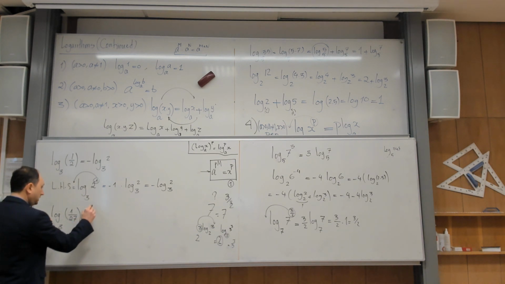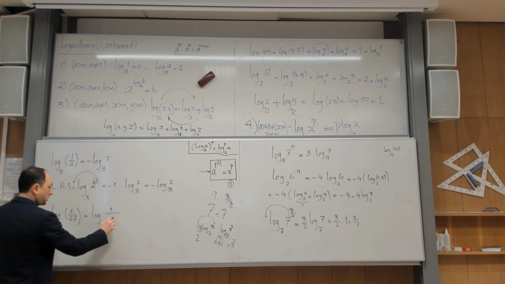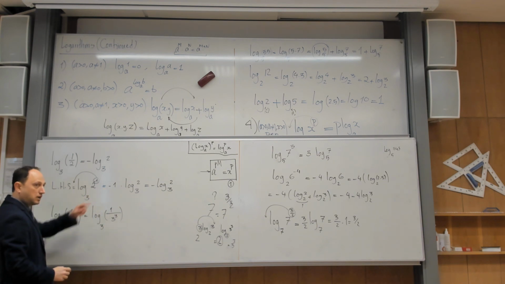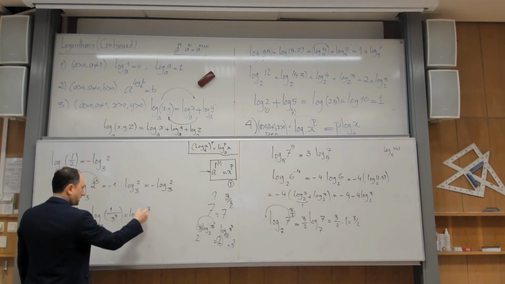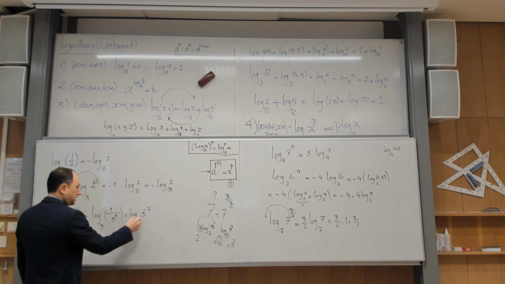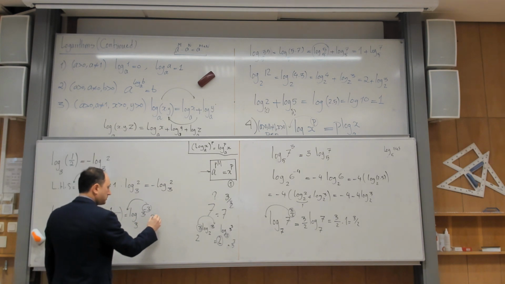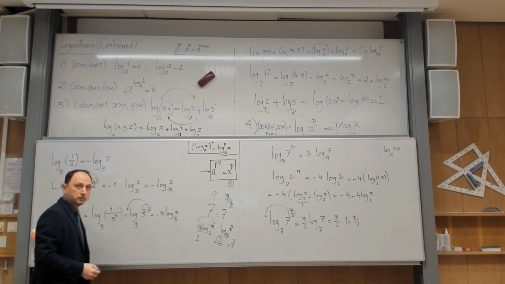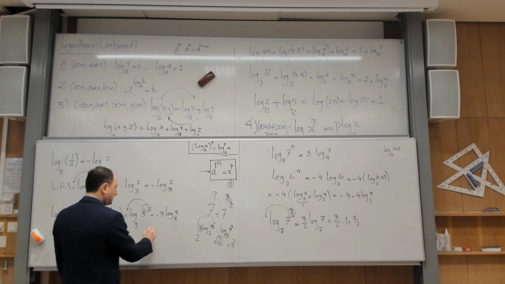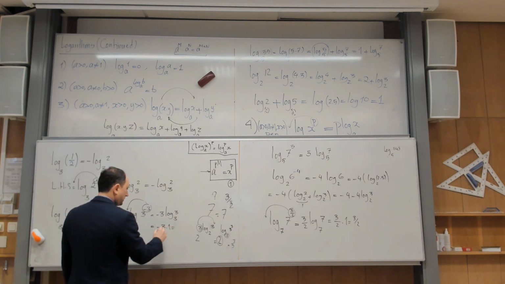So for example, here instead of 1 over 27, I can write 1 over 3 to the power of 3, but I can bring it up and make it negative. Then I can take this and put it in the back of the log. It becomes minus 3 log of 3 in base 3, but log of 3 in base 3 is 1, so it becomes minus 3 times 1, and it is minus 3.